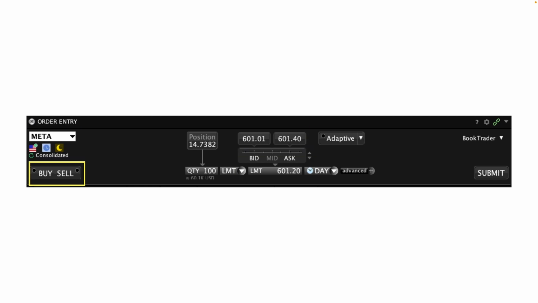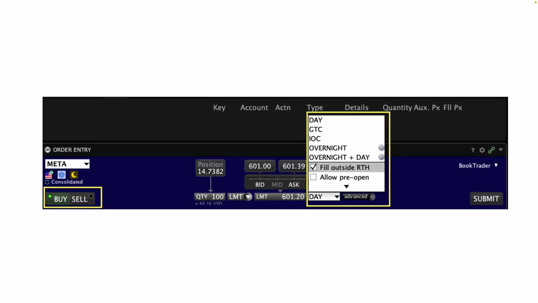Now let's select buy or sell. We select buy, and then the tricky part is here. We need to click the date menu in this part, and make sure you click the Fill outside RTH option.